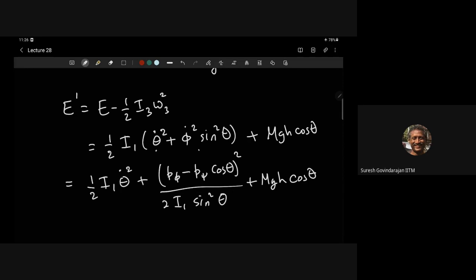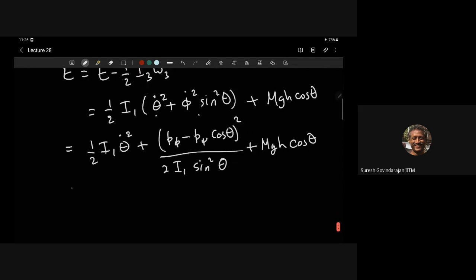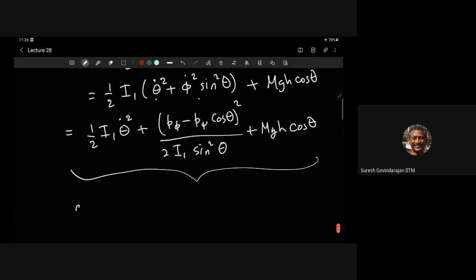So what we see is that there is a reduced Hamiltonian. Now this just depends only on theta and theta dot. And even though this came from a kinetic energy term, this looks like a potential energy piece now, right?